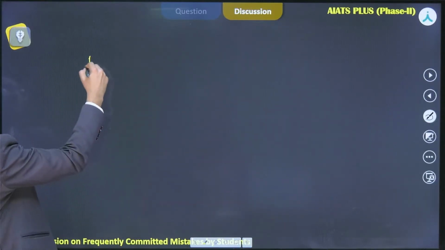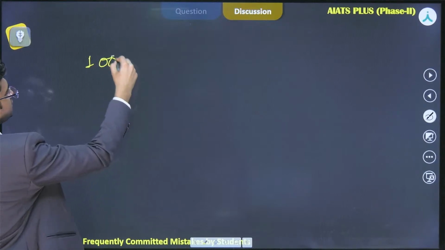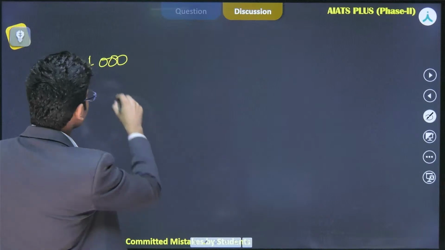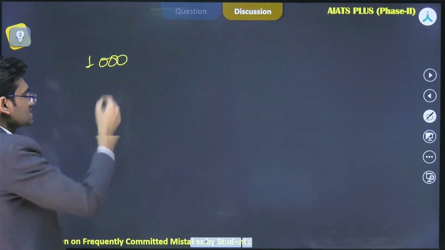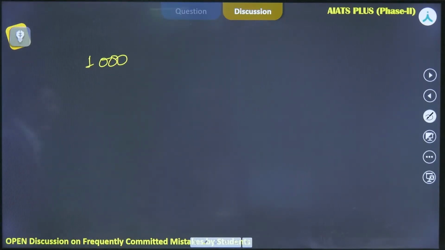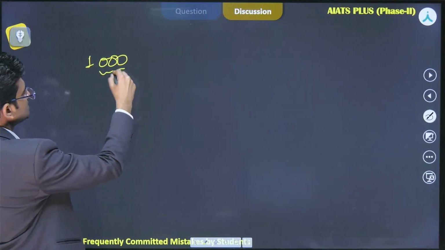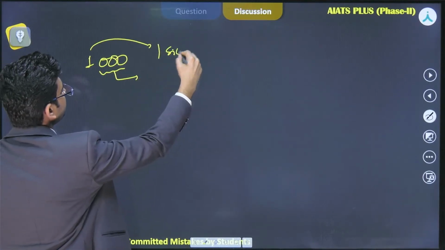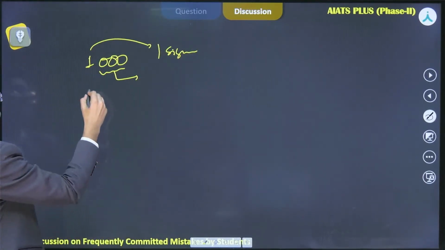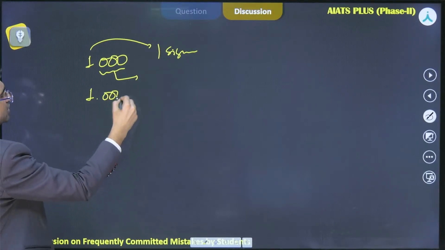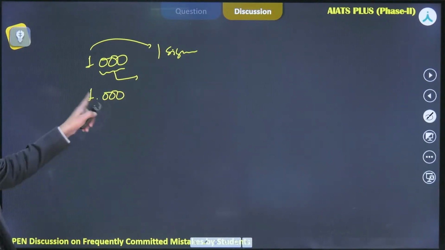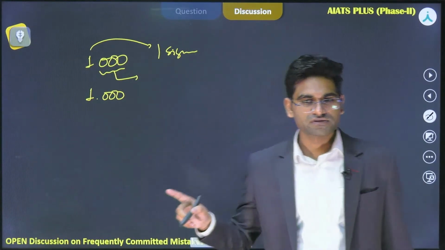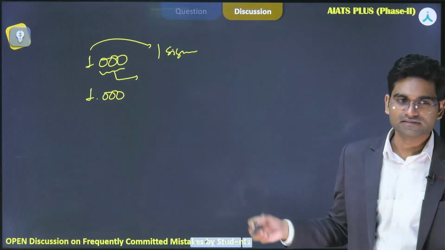If I write 1000, there are 3 zeros. Obviously, these are trailing zeros. Does this number contain any decimal? No, there is no decimal. That's why these zeros are insignificant, and this number has only one significant figure. But let's take this number 1.000. Now this number contains a decimal, right? And these zeros are trailing zeros here, right?